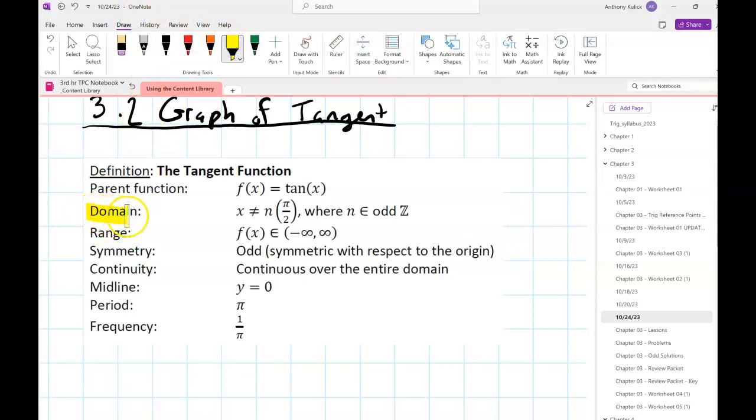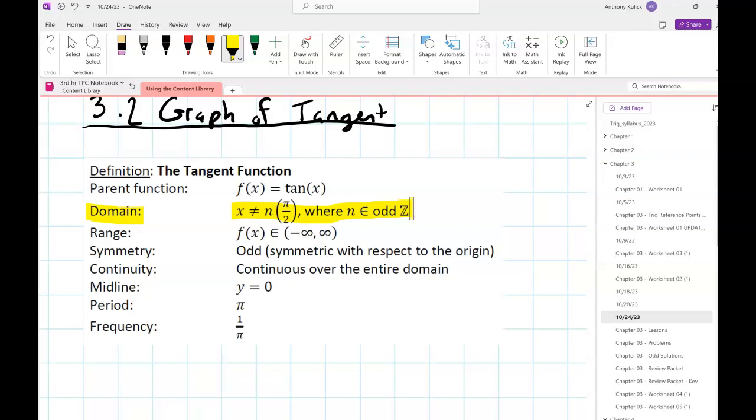So for sine and cosine, the domain was all real numbers. For tangent, that's not the case, right? We're seeing that tangent is going to be undefined at every odd multiple of pi over 2.